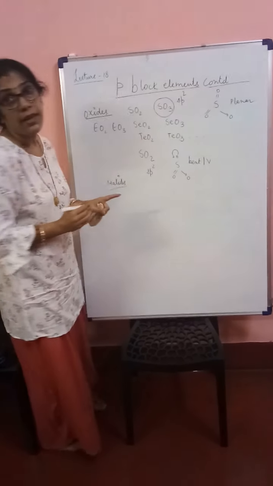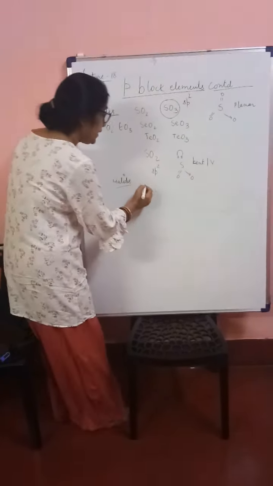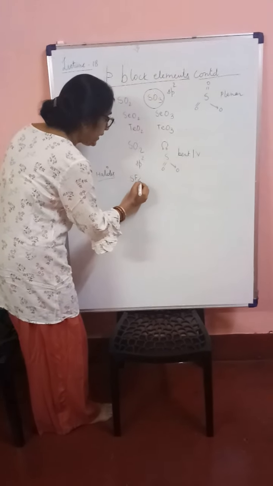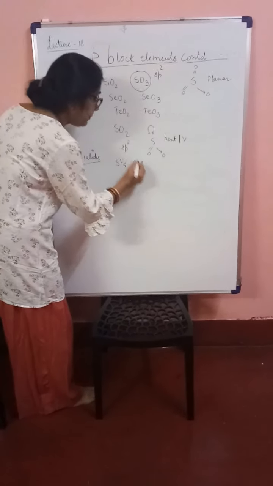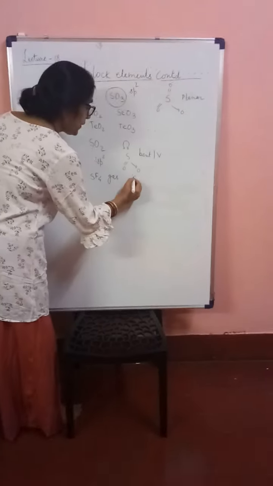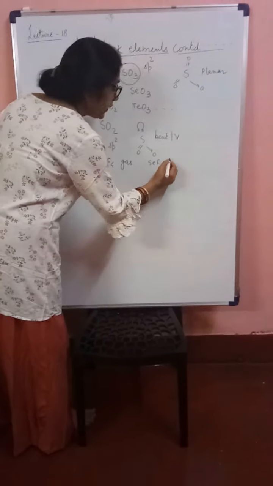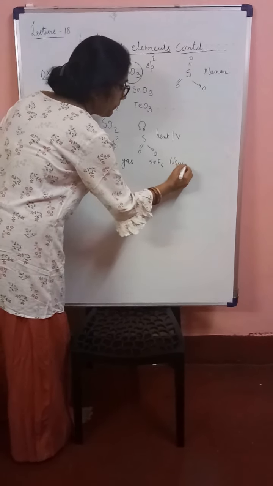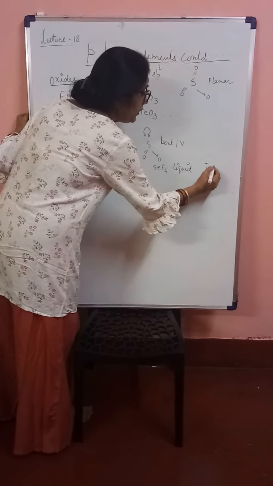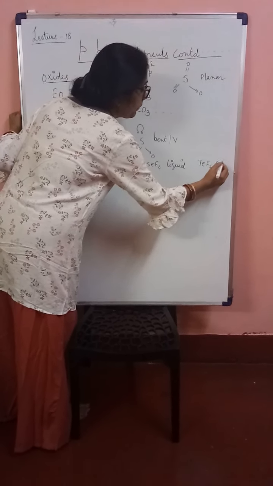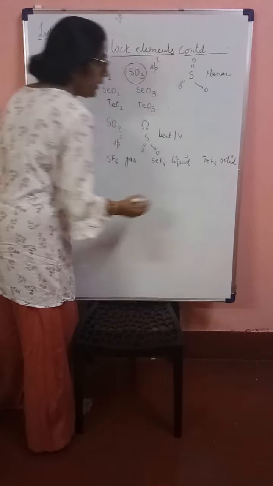Okay, and after oxides, next we are going to discuss halides. So halides, they are tetrahalides like SF4, which at room temperature is a gas, selenium tetrafluoride is a liquid, and tellurium tetrafluoride is a solid.